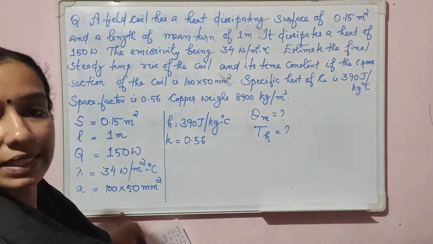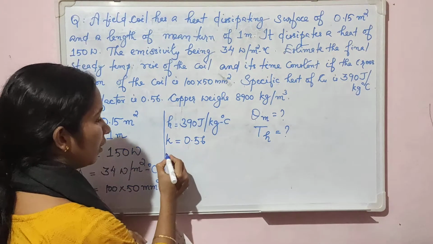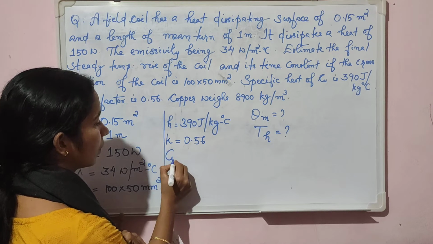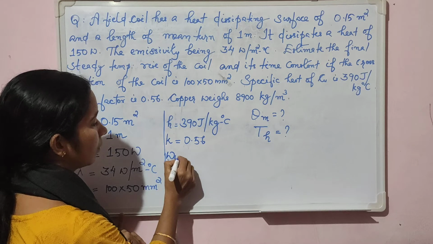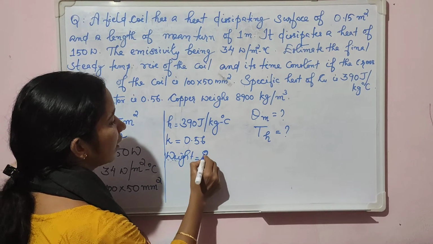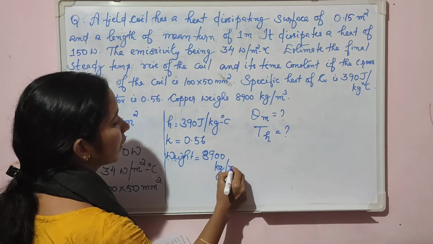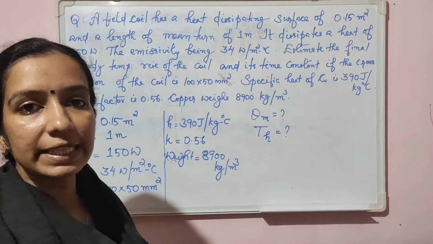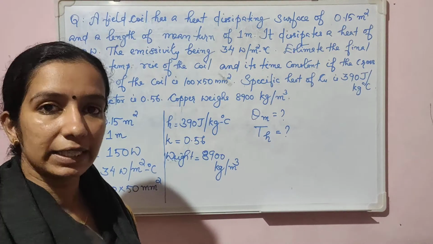And copper weighs about 8900 kilogram per meter cube. Weight of copper is equal to 8900 kilogram per meter cube. So we have to calculate the final steady state temperature theta m and the heating time constant Th.